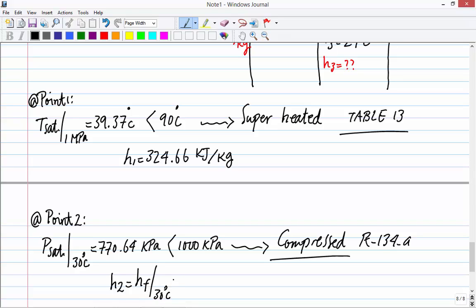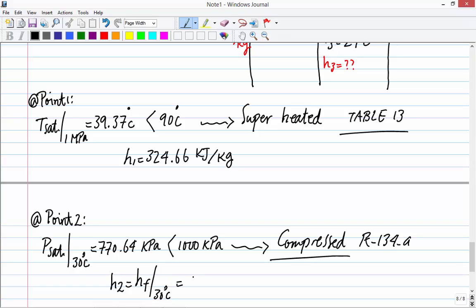It should be at the same temperature, and it's compressed, right? It's a kind of liquid, and when you're talking about a compressed liquid, the properties are the same at the same temperature. So my property, which is enthalpy, is equal to the saturated liquid at the same temperature.